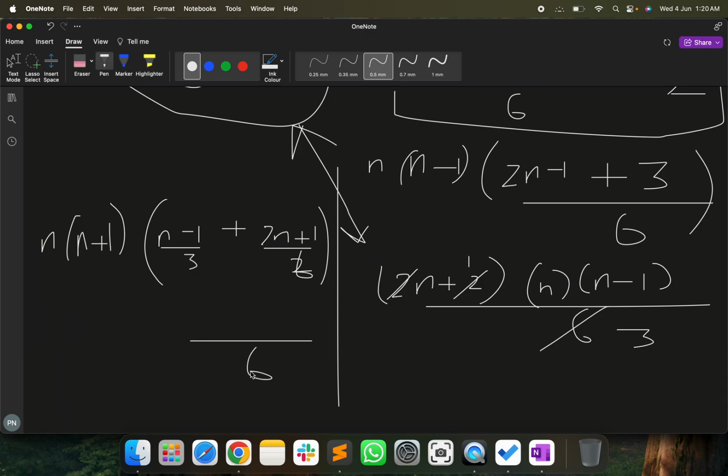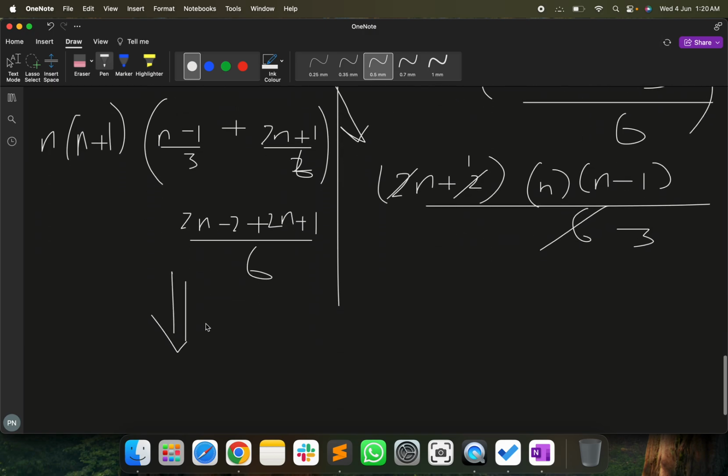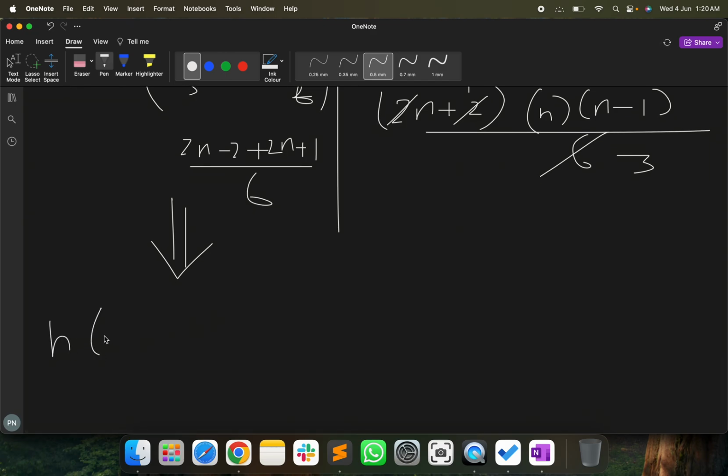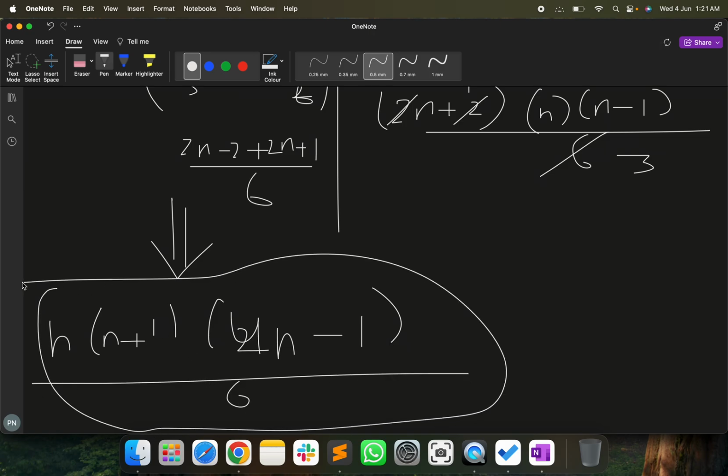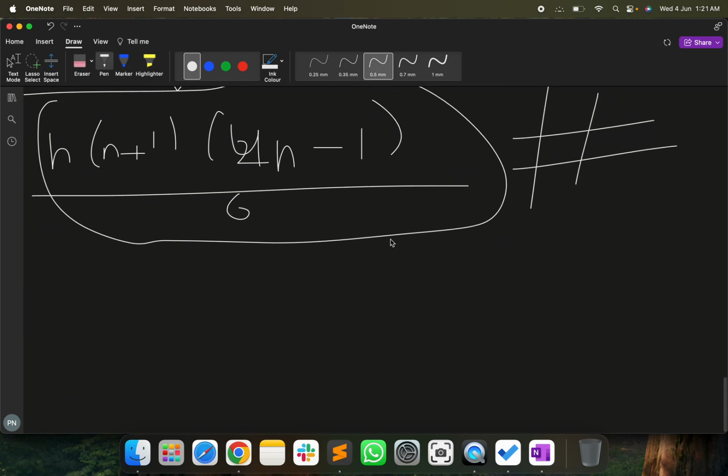Here 6 will be in the base, here there will be 2n minus 2 plus 2n plus 1. So we will get n into n plus 1 into 4n minus 1 by 6. So we have our formula. This is the formula that we need in order to get the answer.